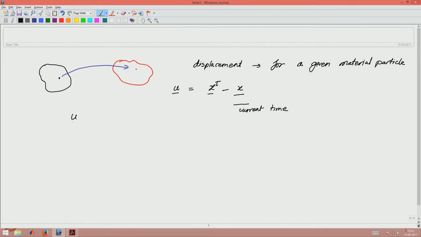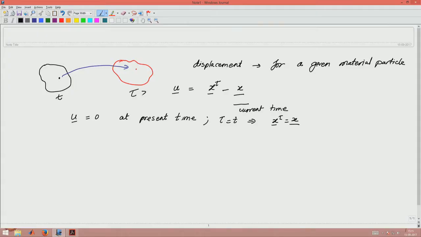So, basically u is 0 at present time, and that is the case because at tau equal to t, which is the present time, x tau is equal to x. So, therefore, since the current configuration is our basis for comparison, displacement with respect to the present configuration or the current configuration is always 0.